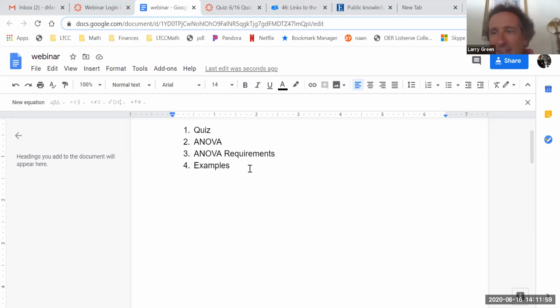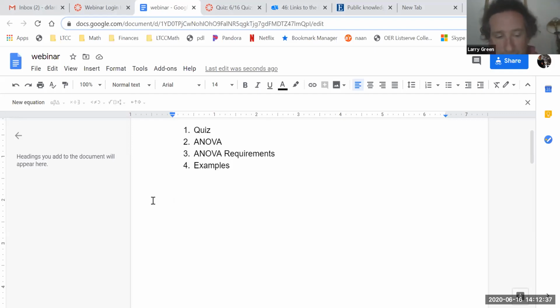If you're asking 4 different groups and you're asking 40 people in each group, now we're talking about 160 data values, and I don't want to waste your time typing in 160 numbers. So we're going to do something that you should never do in the real world, and that is small sample sizes. That's just so that we can get used to it. But I want to give you that big warning that you should never do a small sample size with ANOVA, or really anything that you're doing statistics for.